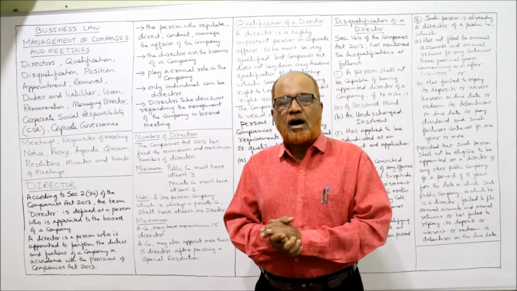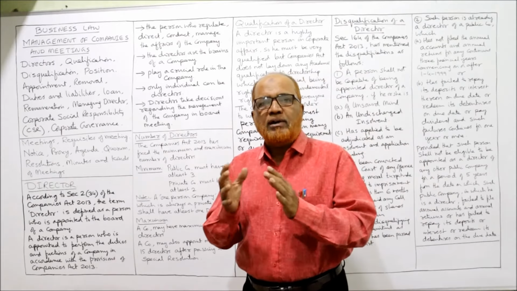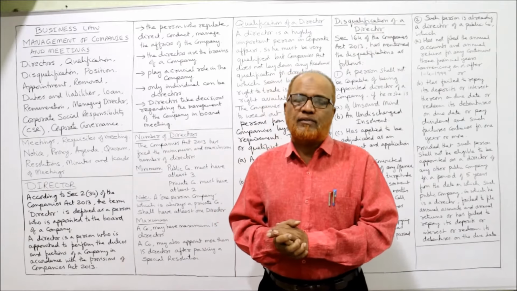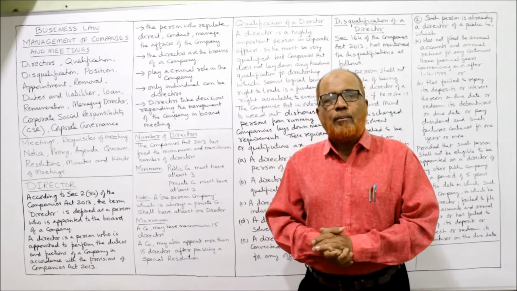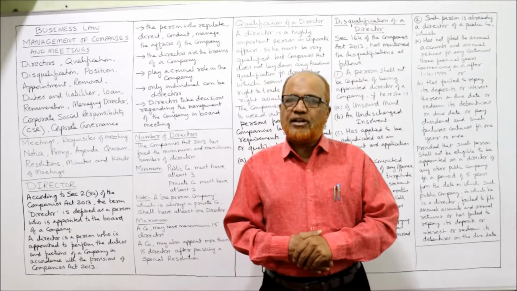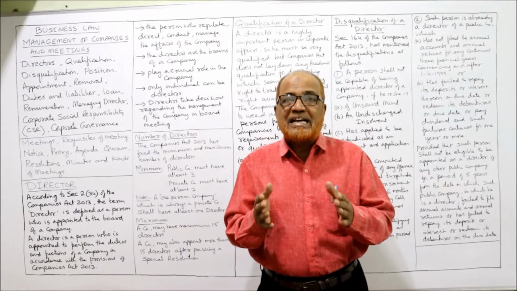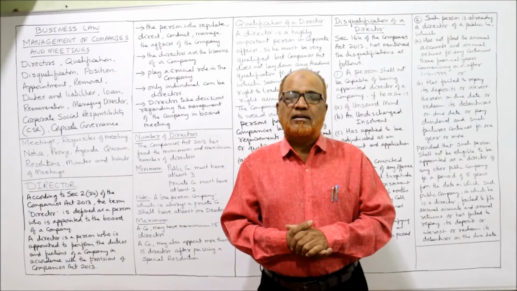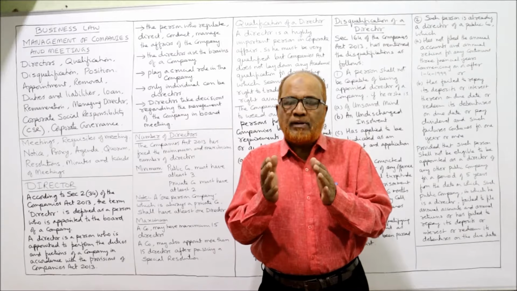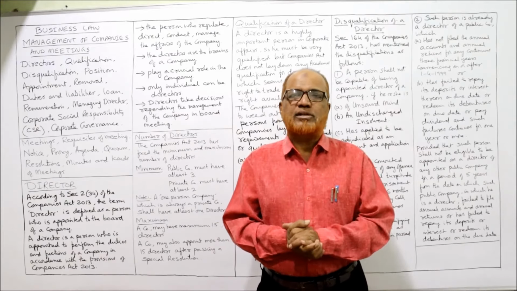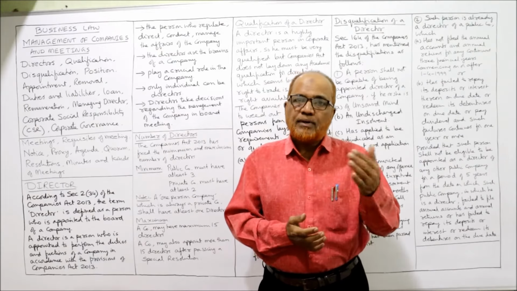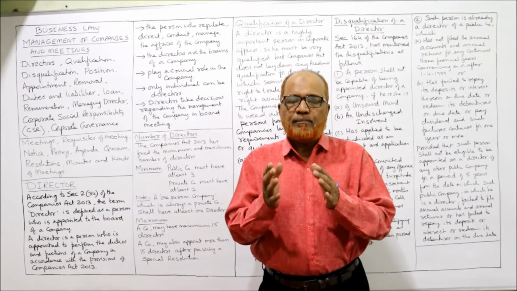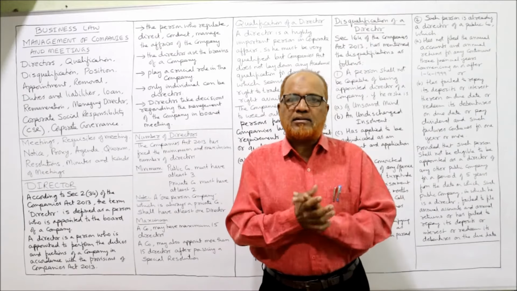These board of directors are the body which is appointed by the members of the company. Already we know the company is an artificial person created by law. It does not have a physical existence. So the company will perform the functions through directors.